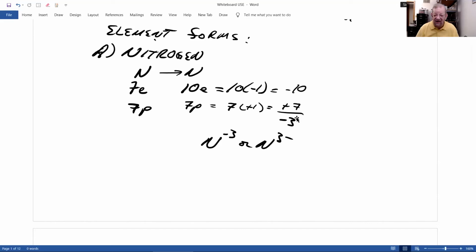Now, one of your colleagues asked, why is it -1 and not -3? We're trying to find the total number of charges based on each electron. Each electron has a -1 charge.